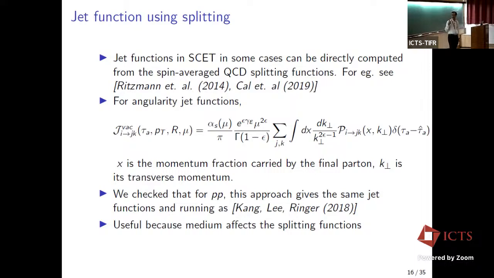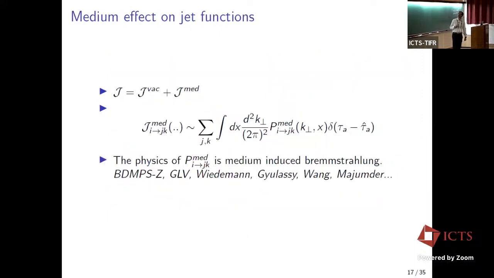But for heavy ion collisions, this turns out to be a useful rewriting, because then we know how to include medium effects. The medium affects the splitting functions, the P of splittings, so they are modified from the general DGLAP kind of evaluation. And then you can capture the medium dynamics.